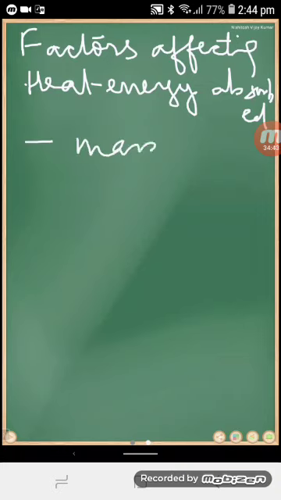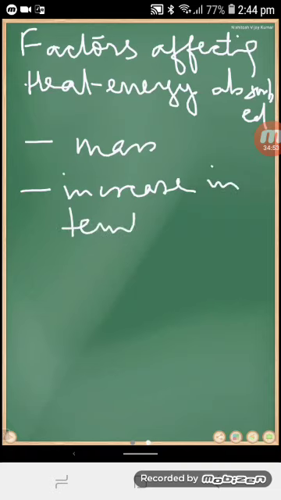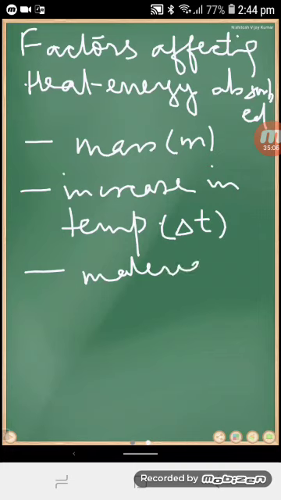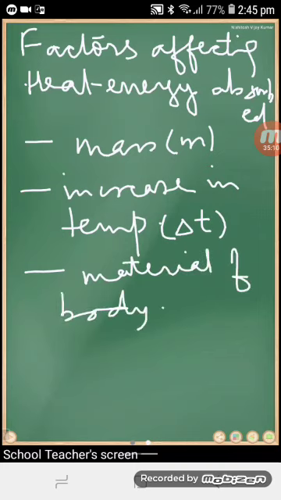The first is the mass of body. The second one is increase in temperature or change in temperature, that is delta T. Mass is denoted M. And third is the nature of the material of the body, or the substance. Okay, so we'll deal with each of them one by one.